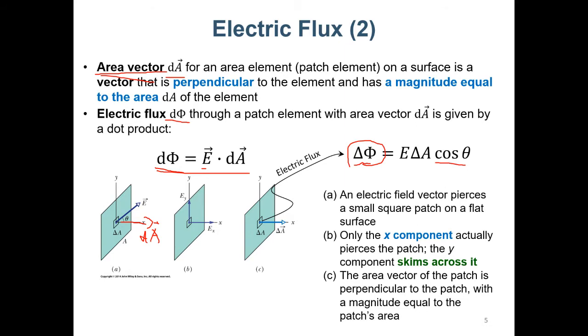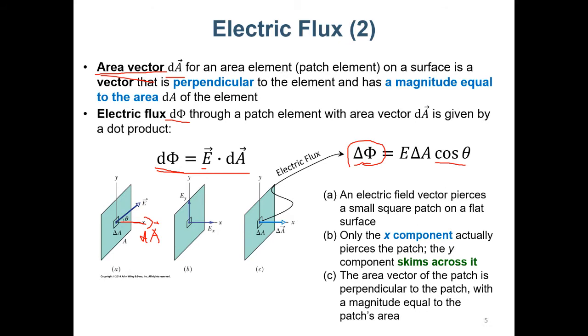Theta is the angle between them. So we have the flux, which means that if E has the same direction, or at least not the other side, if it is this side, then dφ should be positive. If E points to the right side, or maybe at an angle, then dφ will be positive.